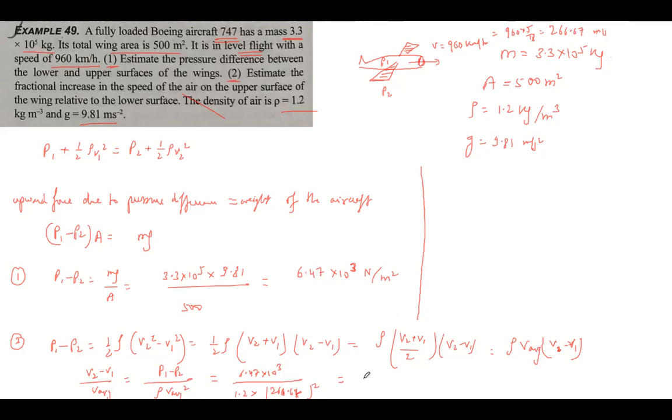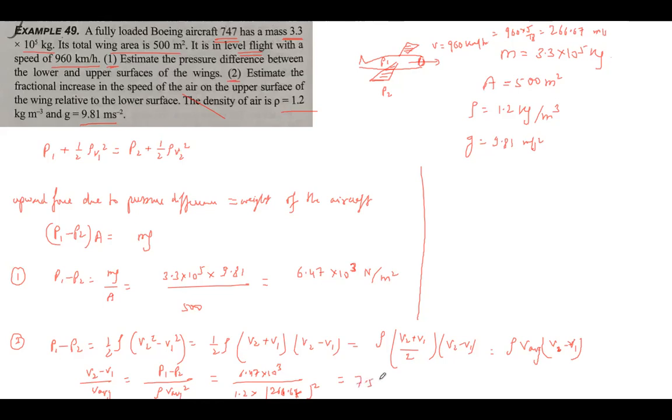So if you solve this, we'll get 6.47 divided by 1.2, 5.39, divided by 2.67, divided by 2.67, 0.75 into 10 to the power minus 4, so minus 1.